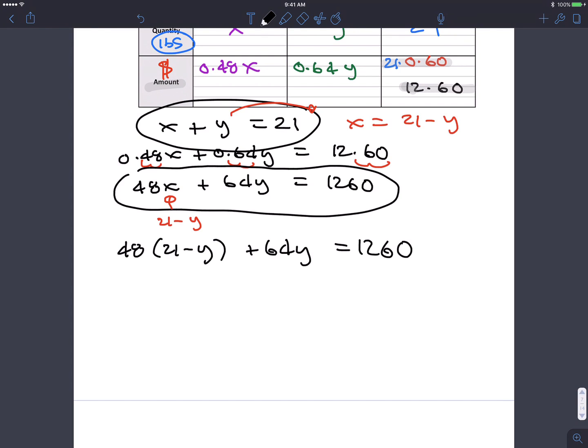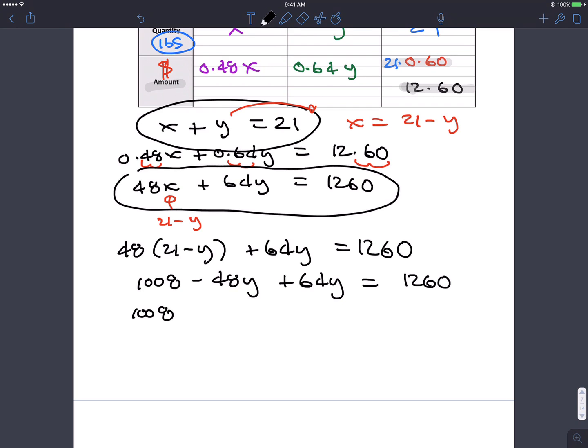We need to know what 48 times 21 is. 48 times 21 gives us 1008 minus 48y plus 64y is 1260.